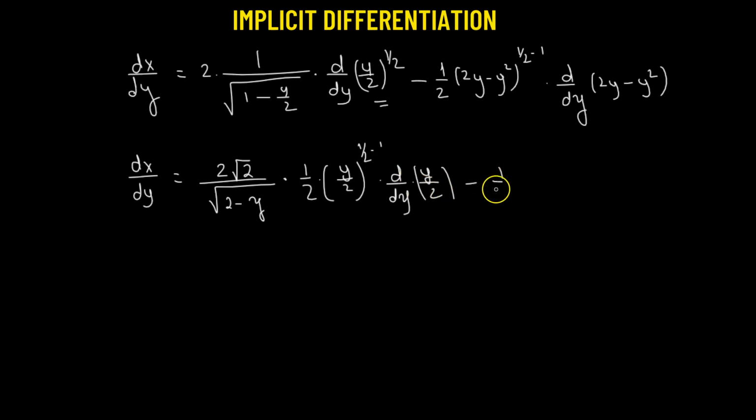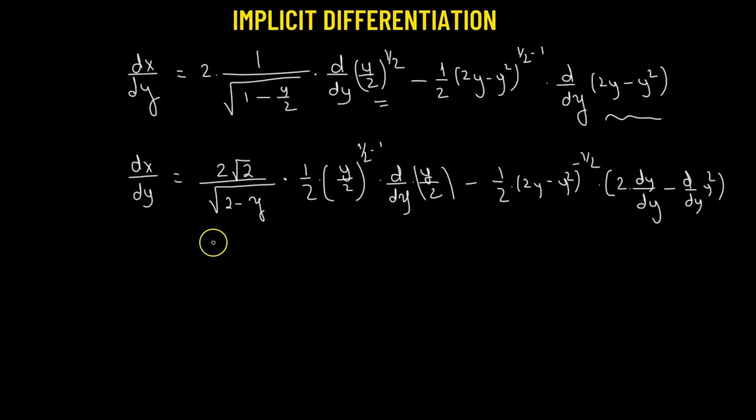Minus, we have 1 over 2 times 2y minus y squared raised to the power of half minus 1, which is negative half. Then we'll take the derivative of each of the terms within the parentheses to get 2 times the derivative of y with respect to y minus the derivative with respect to y of y squared. So this 2 and 2 get cancelled.